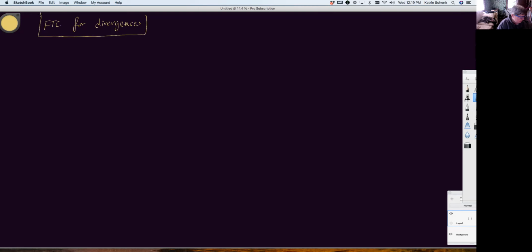All right, so this is a really, really special property of divergences that is super useful, and in fact it has 3 different names. It's so useful, and it looks like this.